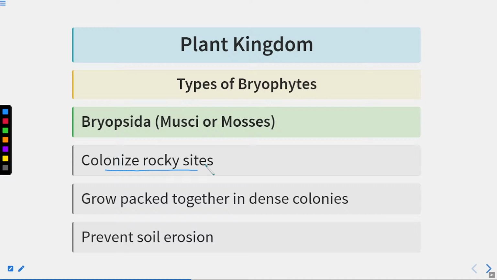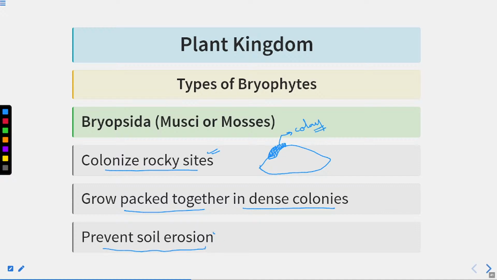So they colonize on the rock side. Wherever the rock is there, you can see they are present in the form of a colony, a velvet mass like structure, right? They grow packed together in a dense colony. This is the colony of moss.